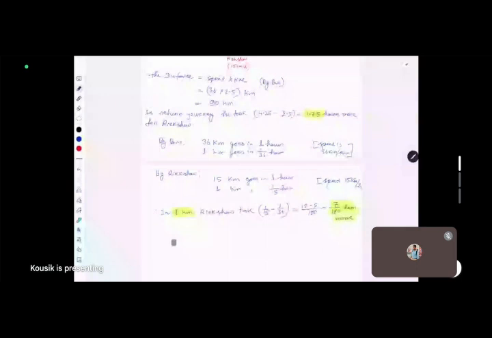So 7 by 180 hours took extra to go 1 kilometer by rickshaw.